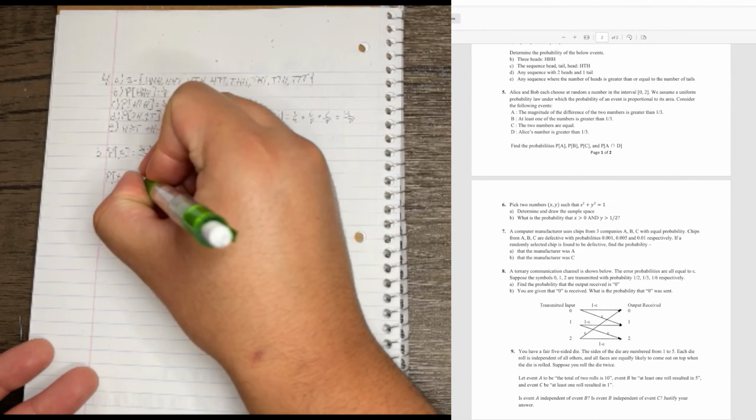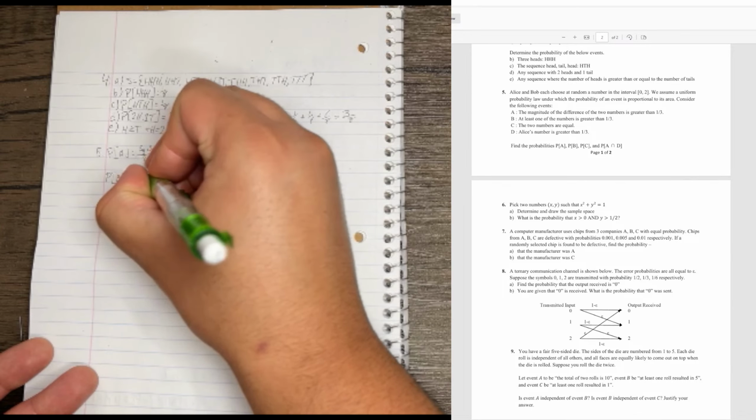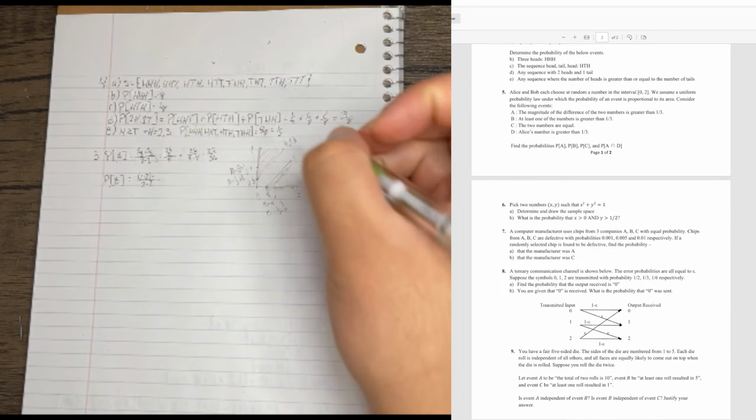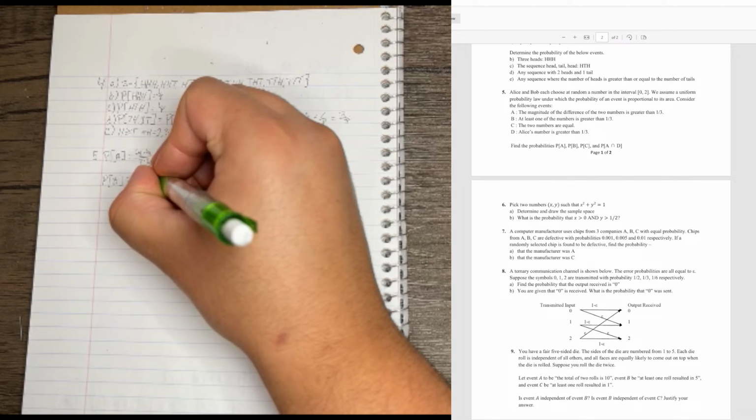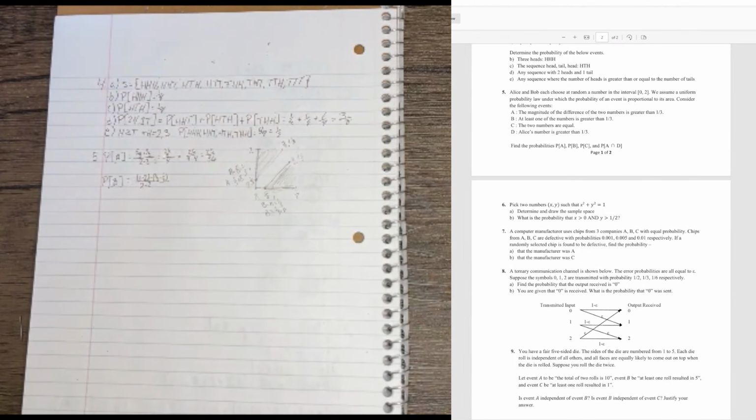So we have 2 times 2 minus 1/3 times 1/3. Yeah, I feel like that makes no sense to me. It's just a square for both of them, yeah.